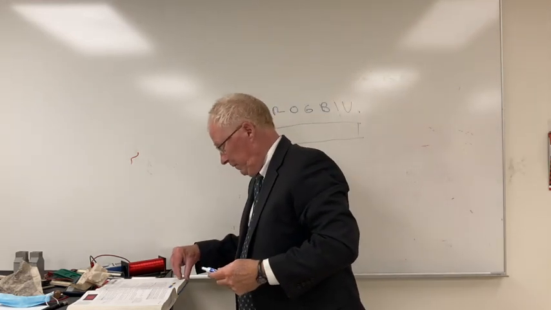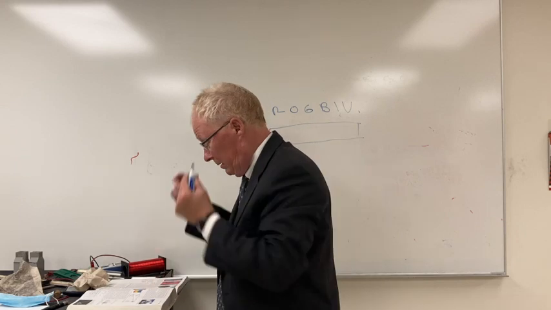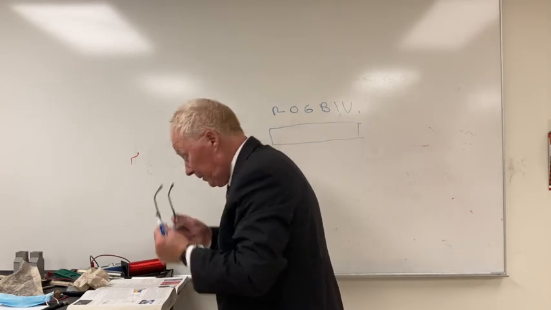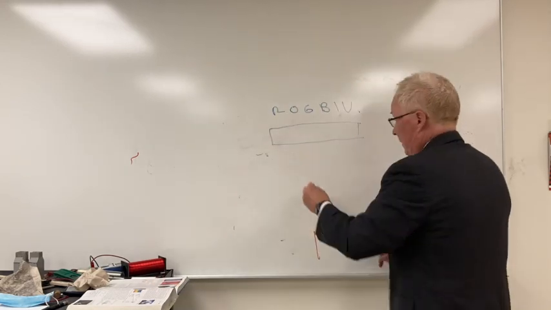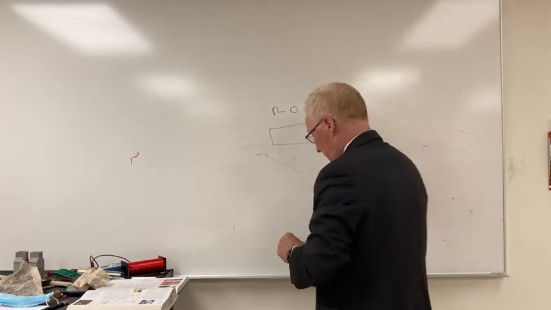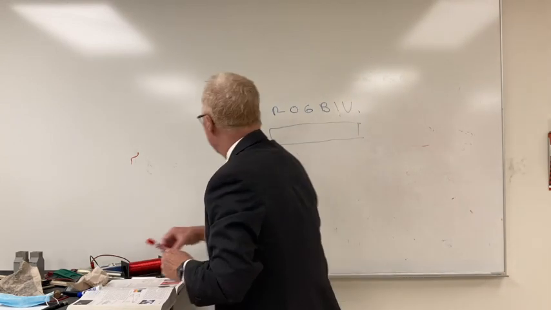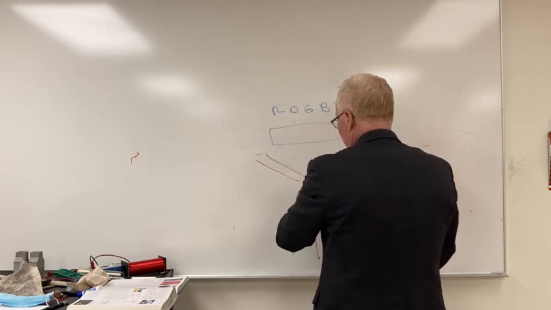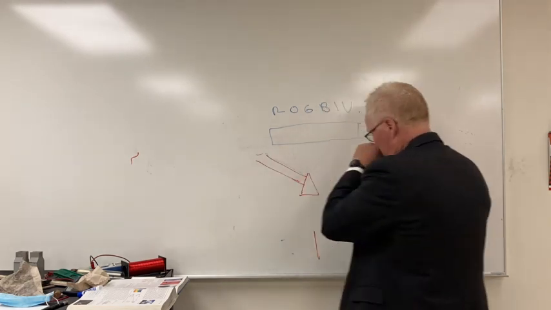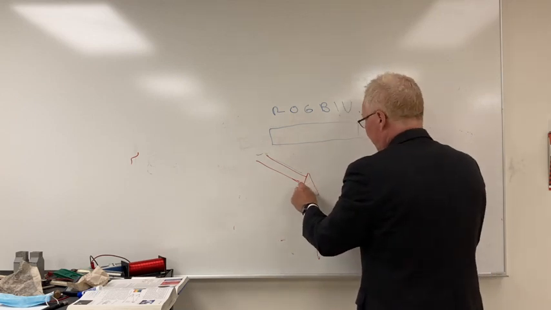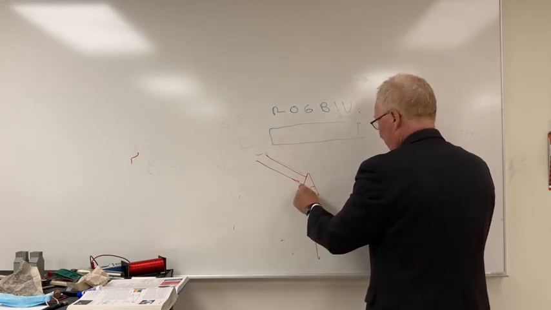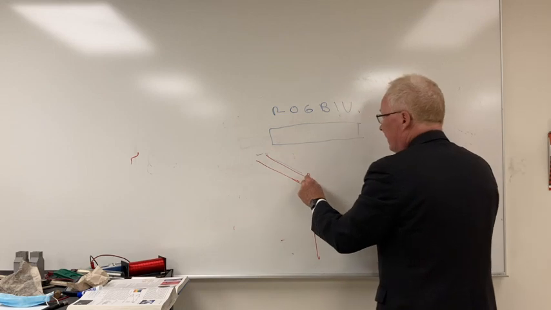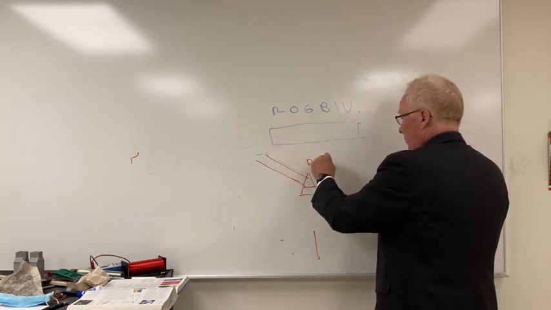What we actually find is, if we have light shining on a prism, it will be refracted inside, and we'll have what we call dispersion.